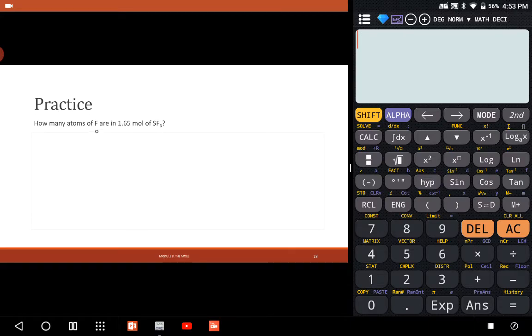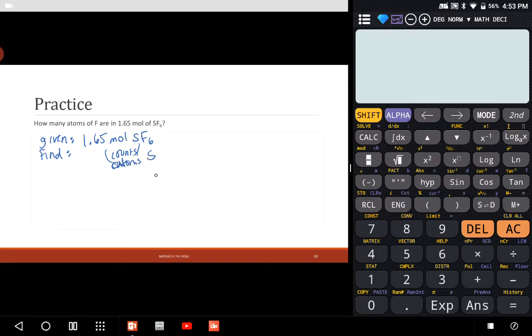Okay, let's do this. So we are given 1.65 moles of SF6, and we are asked to find counts of atoms of fluorine. And so we can see that we have two changes going on.